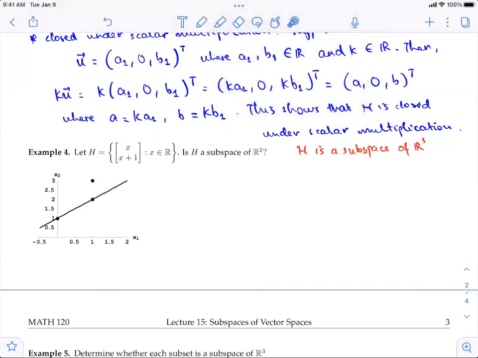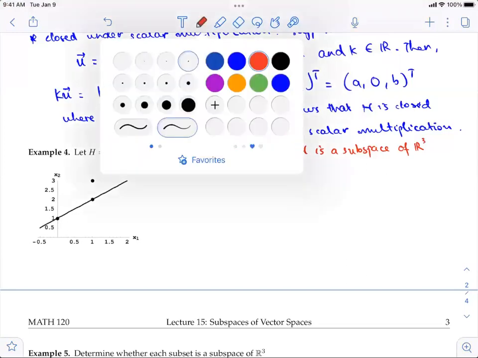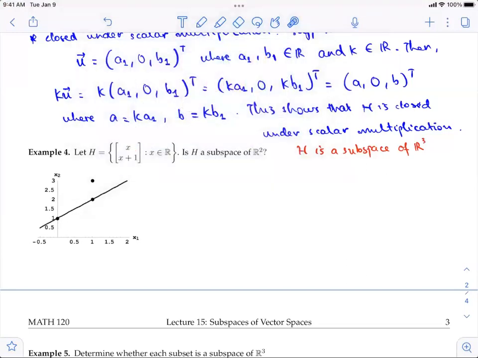If you draw this particular line, y equals x plus 1, you see that this line will not go through the origin. That means that 0 is not in the set H, so you can automatically say that H is not a subspace of R2. Another way to look at that is that because x is all real numbers, you can let x equal 0, and when x equals 0, you can see that 0, 0 is not in the set.